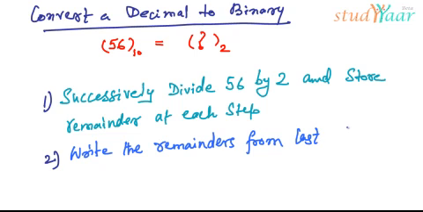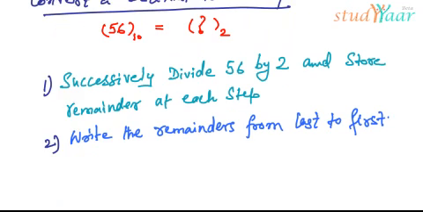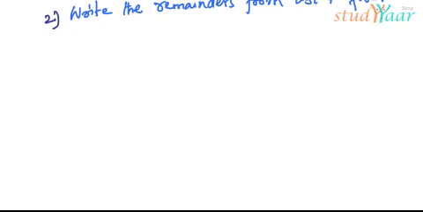So let's take an example to understand what these steps are. Okay, we already have 56 in decimal to be converted to binary. So first I'm going to successively divide 56. I divide it by 2.